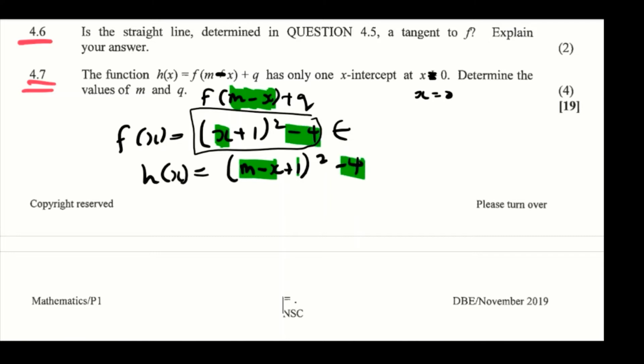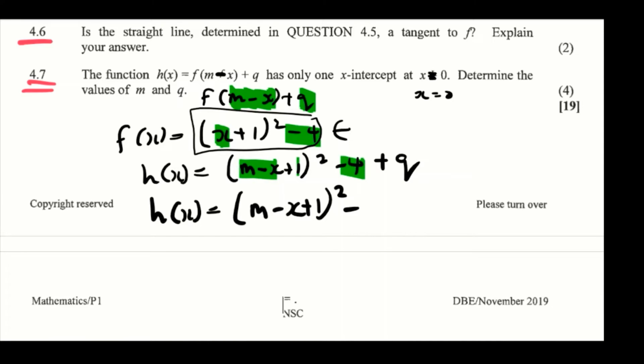Cool. So this is what I have, and then plus q. If I were to write it nicely, h of x is equal to (m minus x plus 1) squared minus 4 plus q.